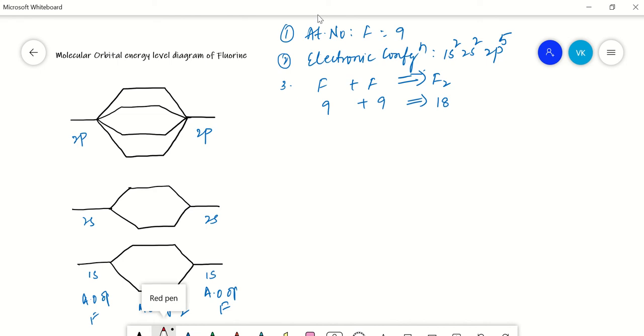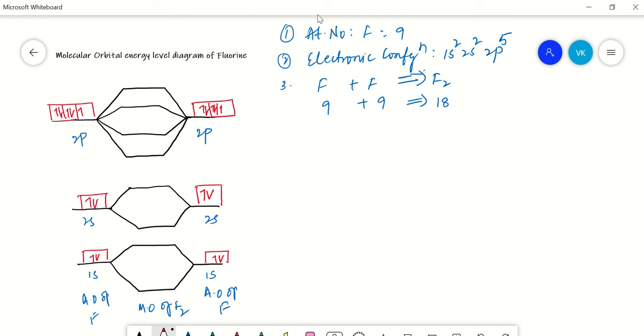Now when you start filling up the electrons: 2 electrons over here, 2s2 again 2 electrons, and then 5 electrons here, 1, 2, 3, and then 4 and 5. In the same way, we fill here also: 1s2, 2s2, and then 5 electrons in all the 3 atomic orbitals of p, 2p5, right?